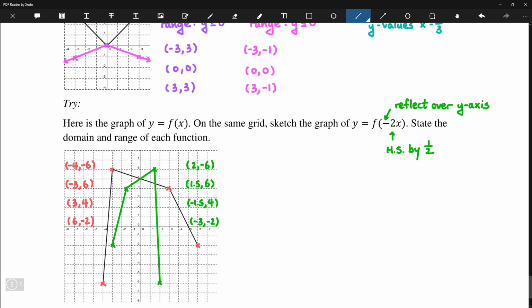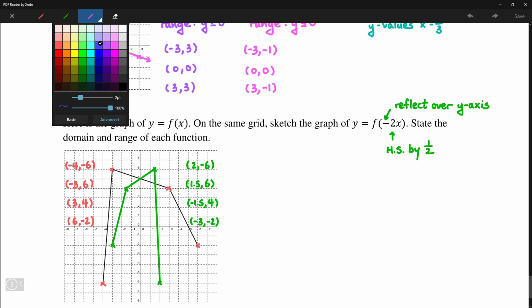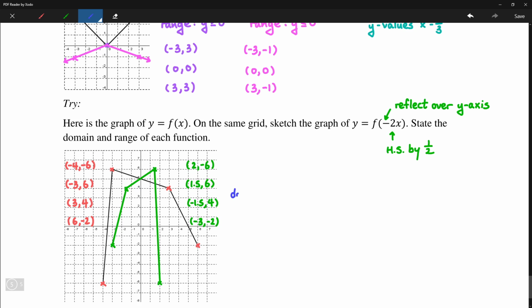So, things to note about this graph. Once again, we're going to state the domain and range. Let's make a table to do this. So domain, and then range. The domain of the original function goes from -4 to +6, and then the range goes from -6 to +6.